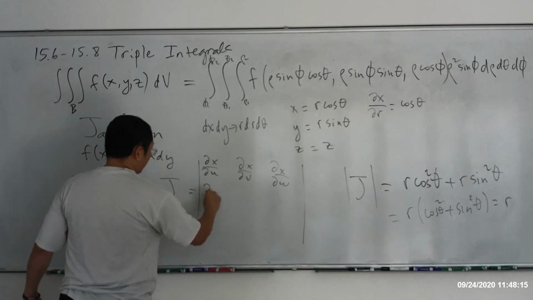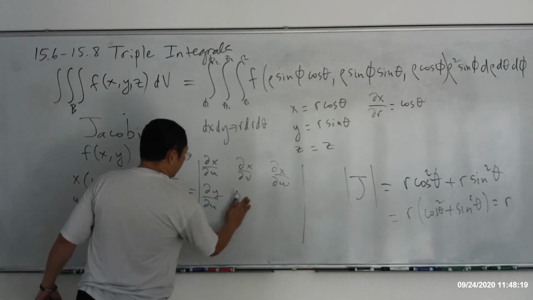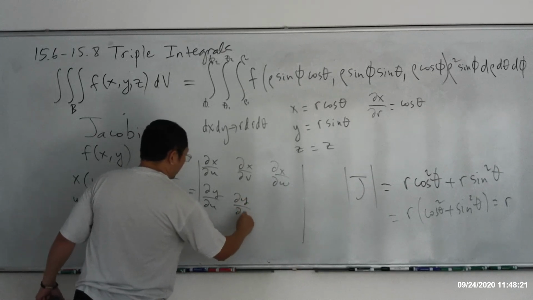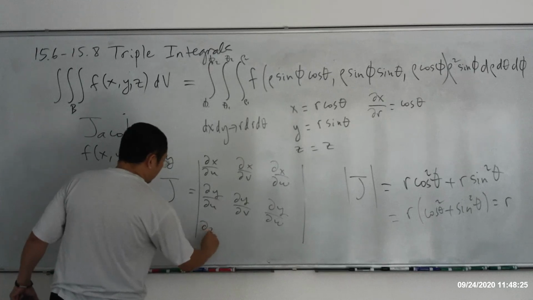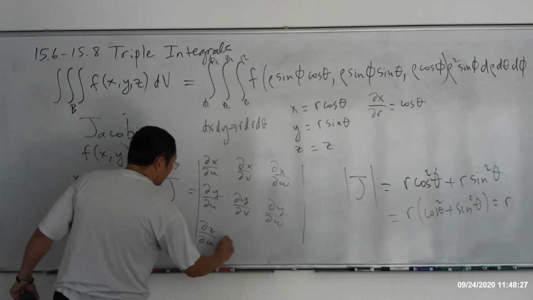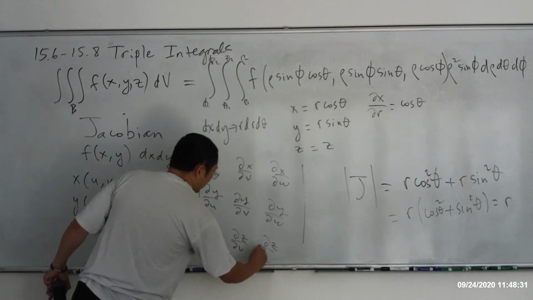Same thing for y: dy over du, dy over dv, dy over dw, and then dz over du, dz over dv, and dz over dw.